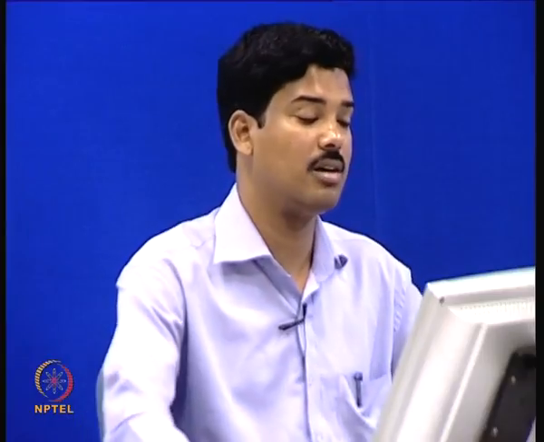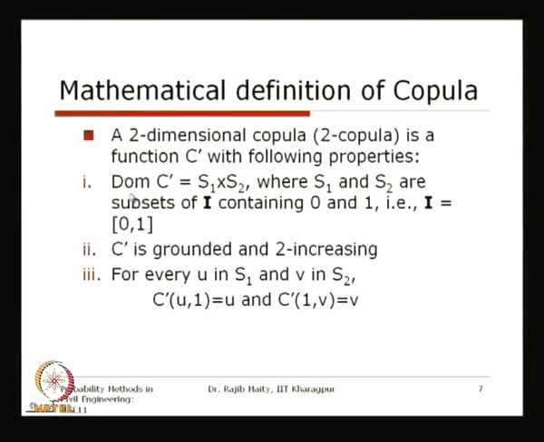So, the domain of the function C prime is S1 cross S2, where S1 and S2 are subsets of I, the boldface I containing 0 and 1, that is, I is the line between 0 and 1.